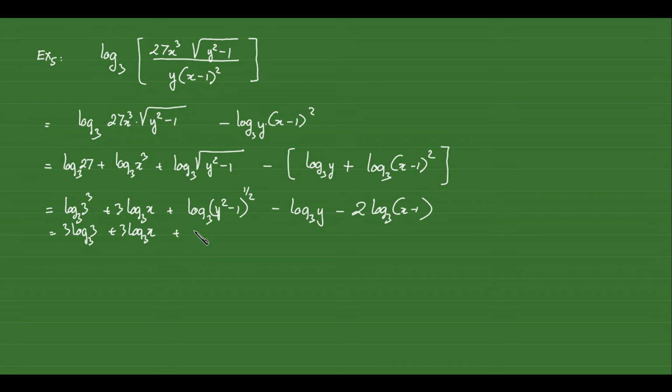I drop down a half over here: log base 3 of (y squared minus 1), minus the log base 3 of y minus 2 log base 3 of (x minus 1). Log base 3 of 3 gives you 1 times 3 is 3, plus 3 log base 3 of x, plus a half here.